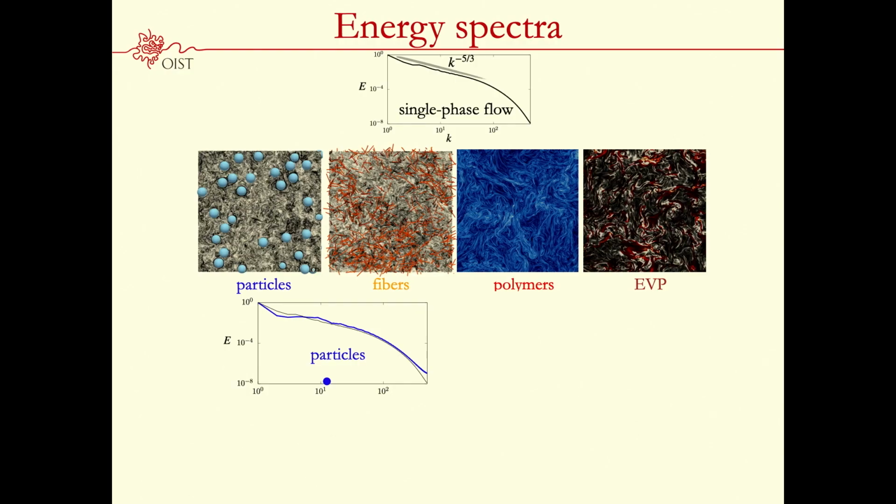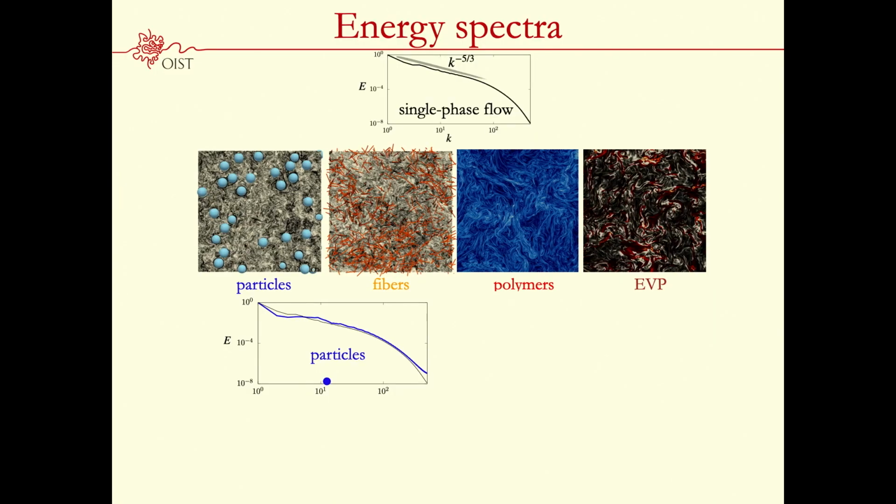So this thin line on the back is the same coming out from the case where there is nothing immersed into the flow. So it's the very basic that follows Kolmogorov's theory. We put particles, and then what we get is this blue line. So you have less energy compared to the single phase flow at the large scale.